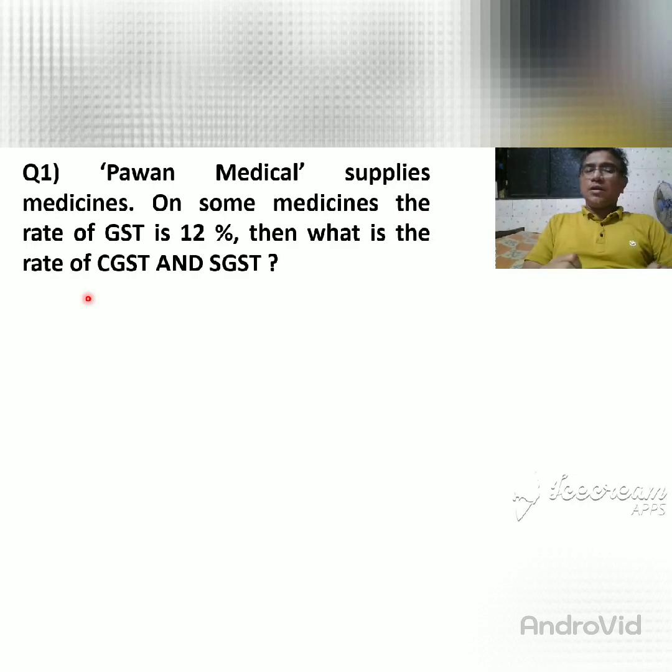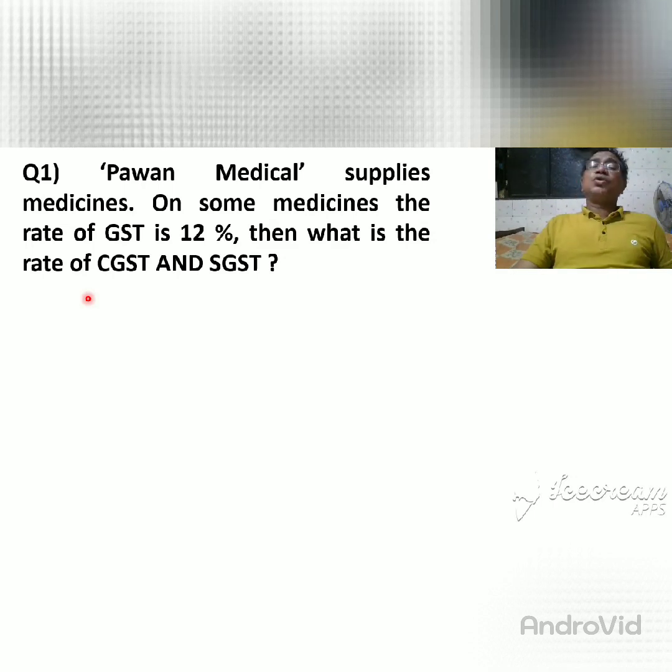You must know that CGST and SGST are both equal to GST divided by 2. Half of GST is equal to CGST, which is equal to SGST.